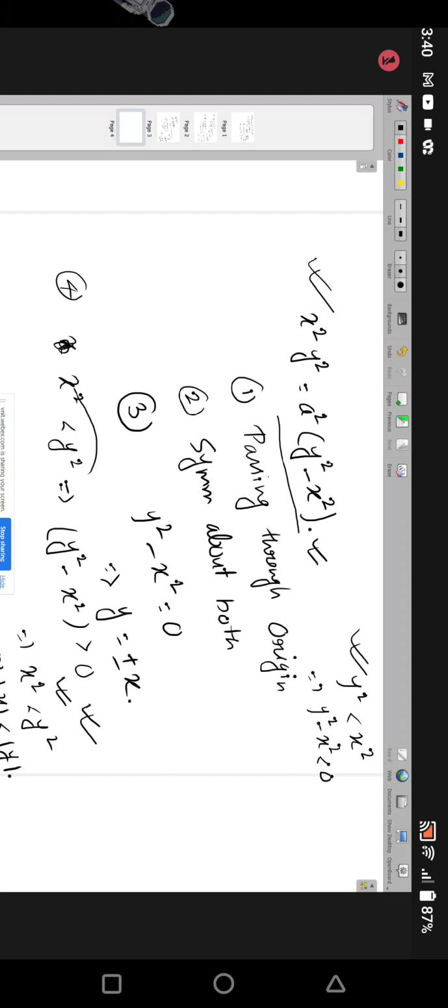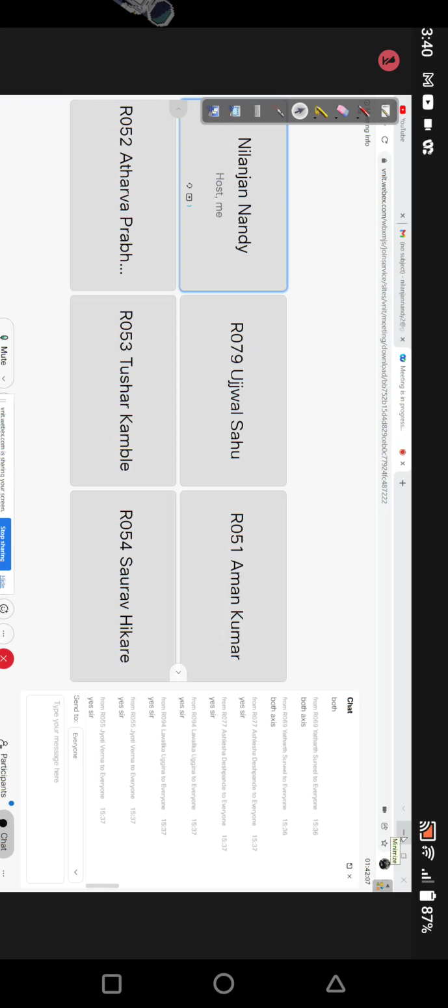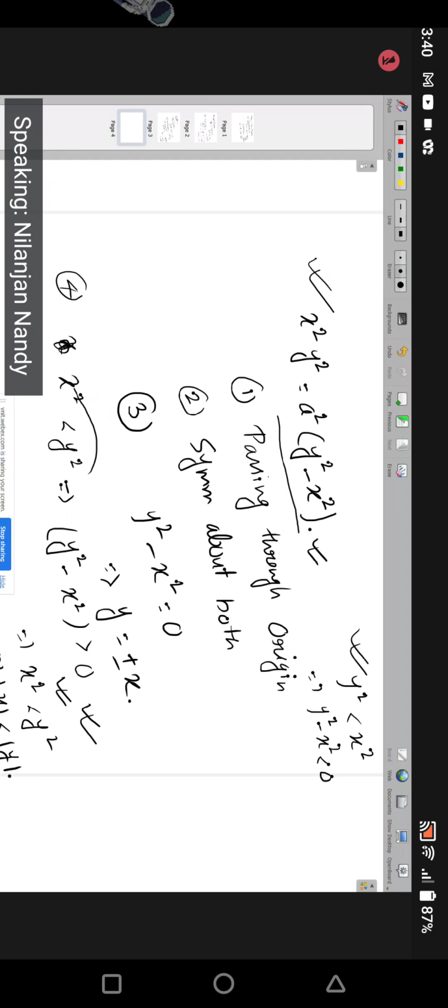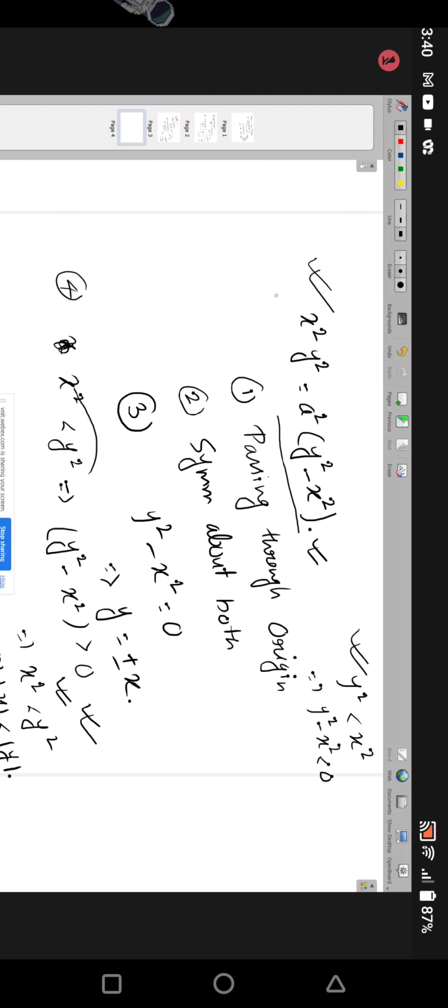Is this part clear? Is this part clear? How you are checking the region part, since you cannot get any particular values here. So what are we doing? We are seeing that the left hand side is always a positive value, so the only ambiguity can come when the right hand side is negative, then we won't get the region. So for which values the right hand side is negative?